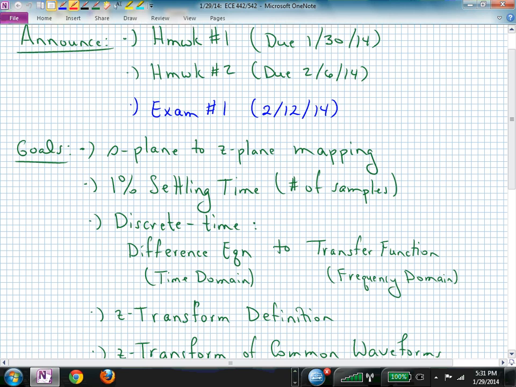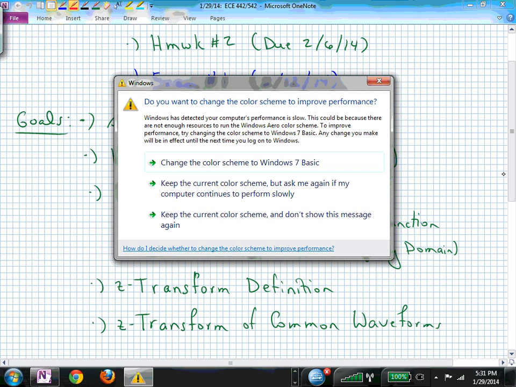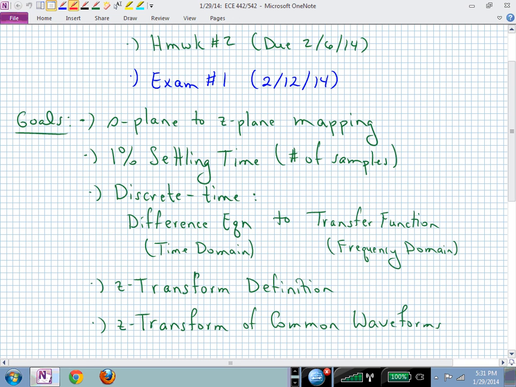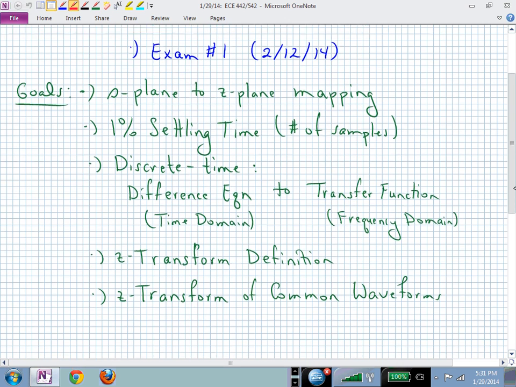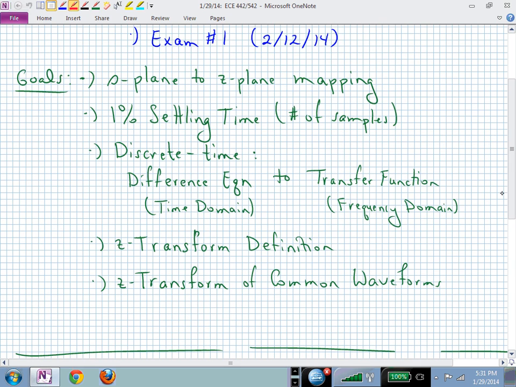tomorrow evening. A week from that, homework 2 will be due. That is now available on D2L in unit number 2. And 2 weeks from today, you will be frantically scribbling down your answers to exam number 1. I'll try to make a unit on D2L that maybe contains some information relative to exam number 1.